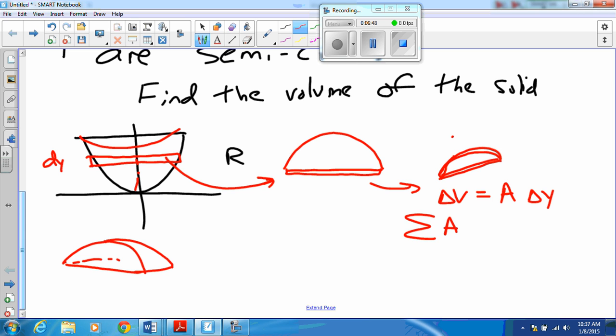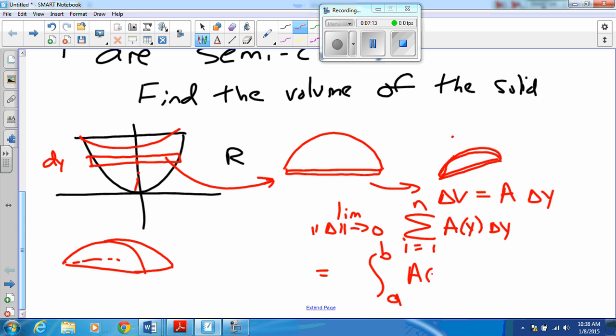If I add up all of the pieces like this, then what I get now is a Riemann sum that covers all of the pieces here. And if I now let the size delta y go to 0, then what I have is exactly an integral from first y to last y of area as a function of y dy.